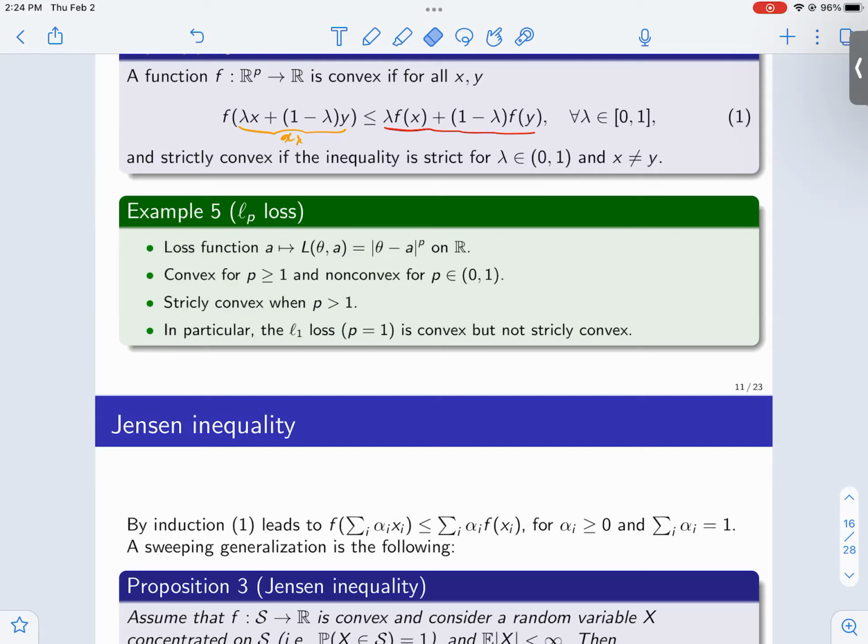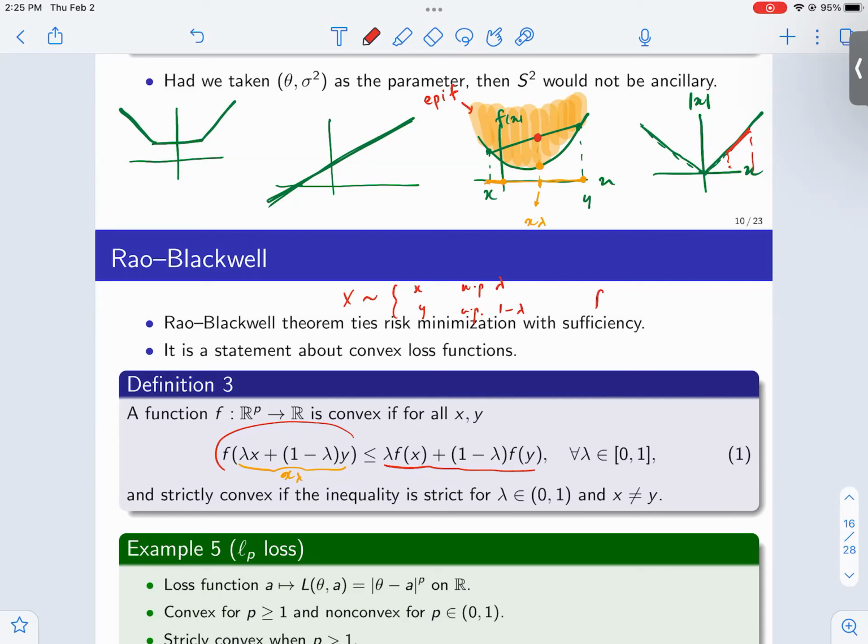If you have a random variable that takes values x with probability lambda and y with probability 1 minus lambda, then this side is f of the expectation of x, and the other side is the expectation of f of x.